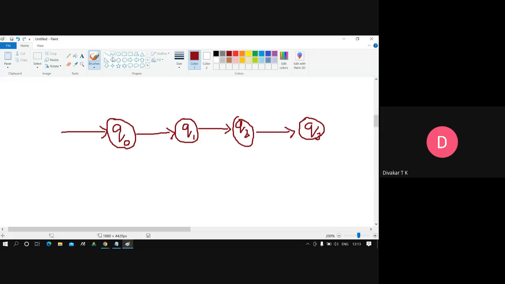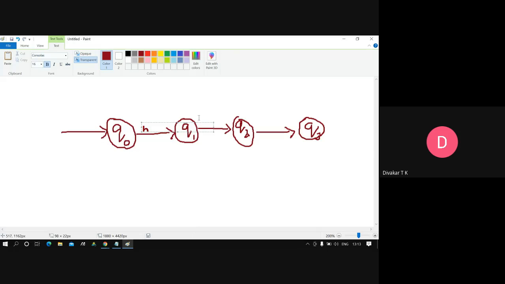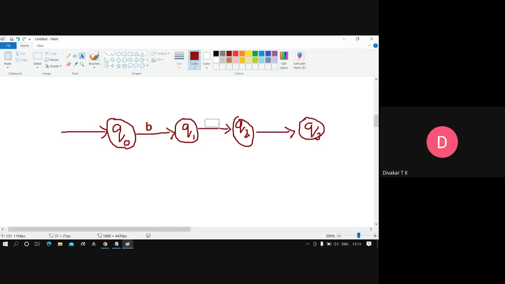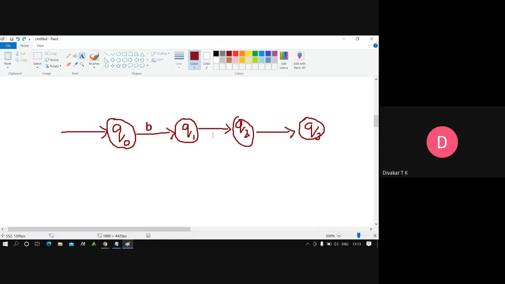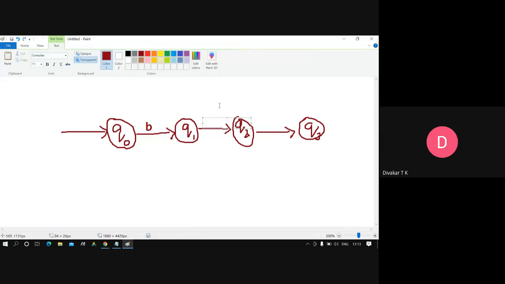Now, it's a B here. B here also, I can write B here. B part here also, B part here.